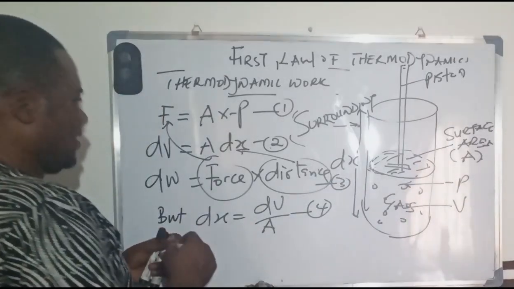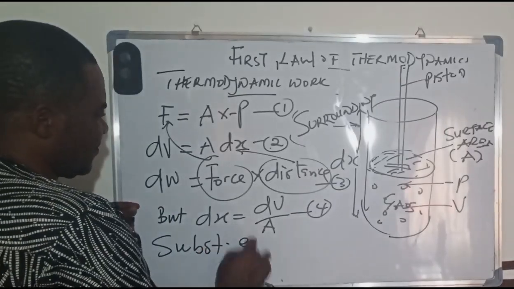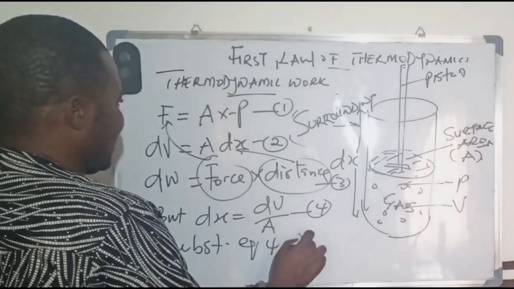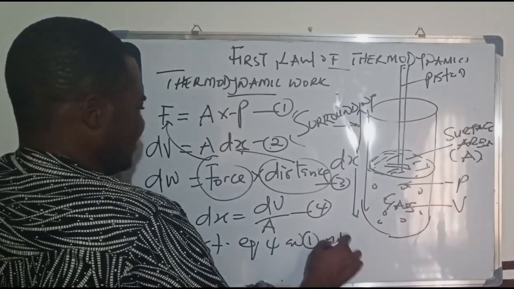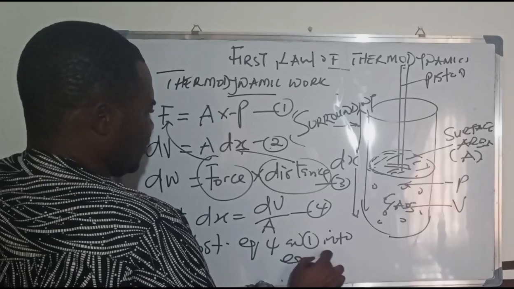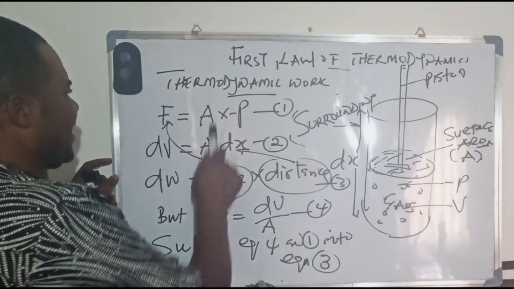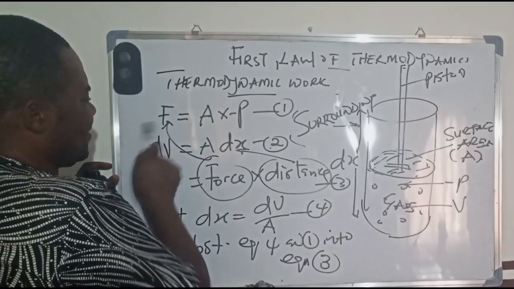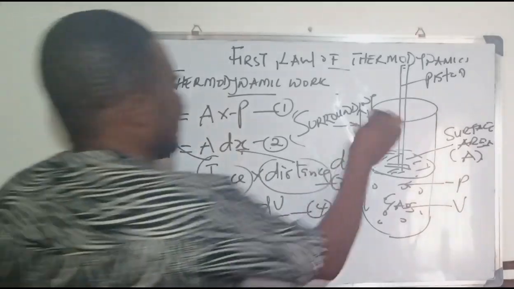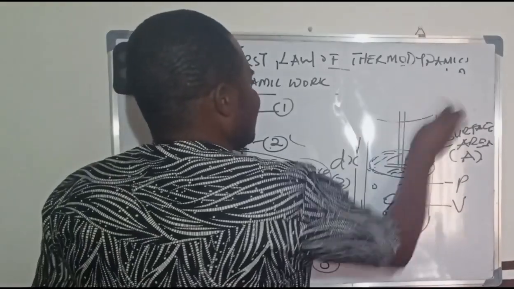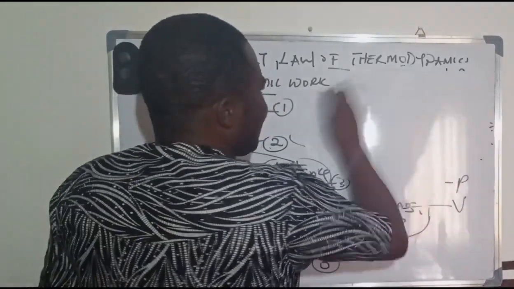Now, if we have this, that means we can substitute equation 4 and equation 1 into equation 3. We can substitute this equation and this equation for force and for distance. This is how it's going to look.